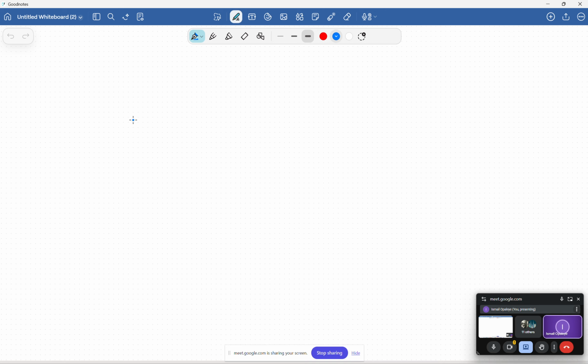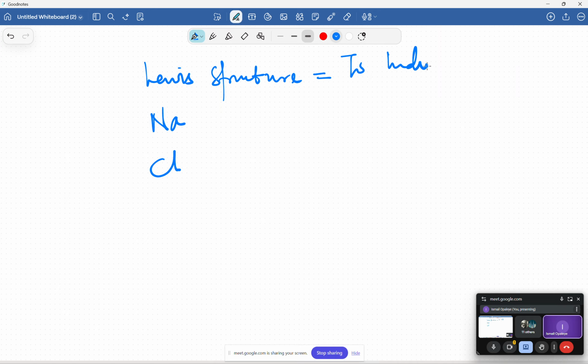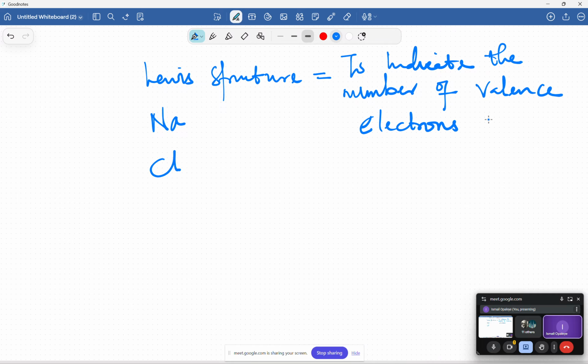Yes, sir. Okay, so what I'm trying to say is that when you have an atom, whether you have sodium or chlorine, if you want to write the Lewis structure, the Lewis structure is usually to indicate the number of valence electrons around an atom.